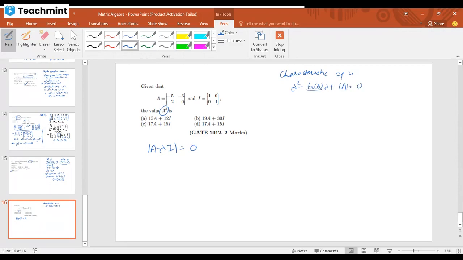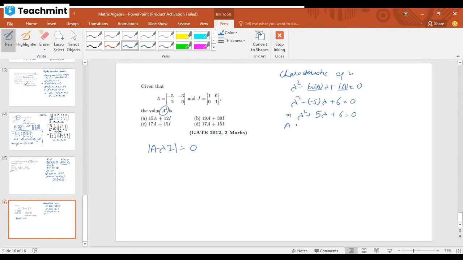Sum of the eigenvalues is equal to trace of A. Product of the eigenvalues is equal to the determinant. So what is the trace of A? Sum of the principal diagonal elements, it is minus 5. And the determinant is 0 plus 6, it is 6. So that is lambda square plus 5 lambda plus 6 equal to 0.